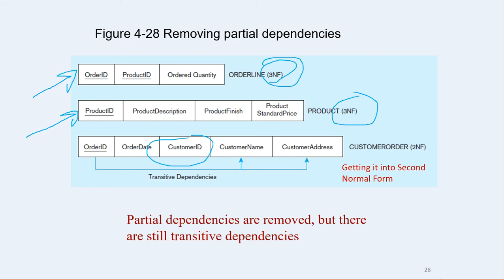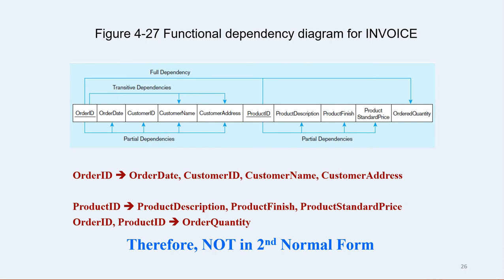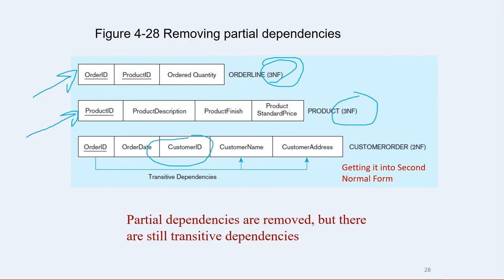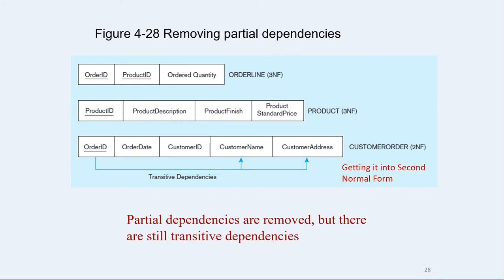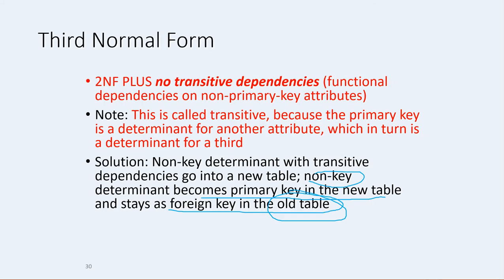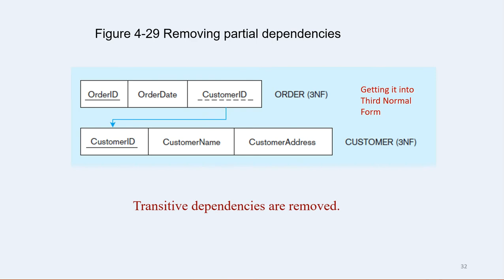So even at the 2NF stage, we right away reached the 3NF stage. But this relation was still in 2NF, and on that relationship we apply the third NF, which is no more transitive dependency.